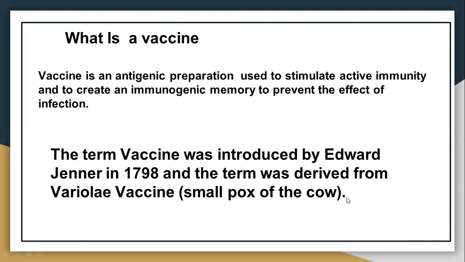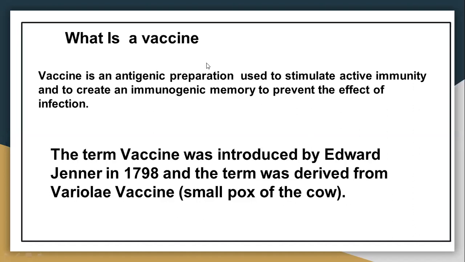Vaccination was first introduced by Edward Jenner in 1798. Jenner first observed that dairy workers were protected from smallpox. There are two types of pox: cowpox and smallpox.